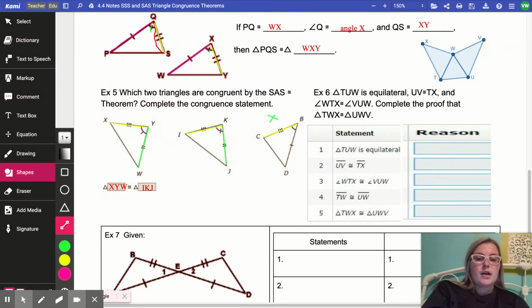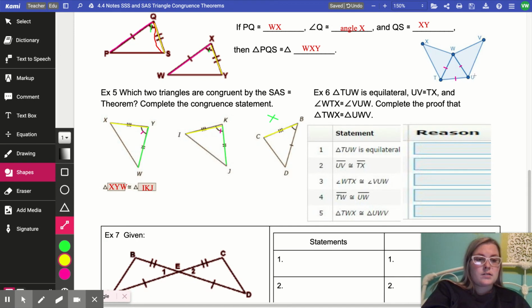But it gives us 3 things: that TUW is equilateral, which means that this triangle right here has 3 congruent sides. And it gives me that UV is congruent to TX.